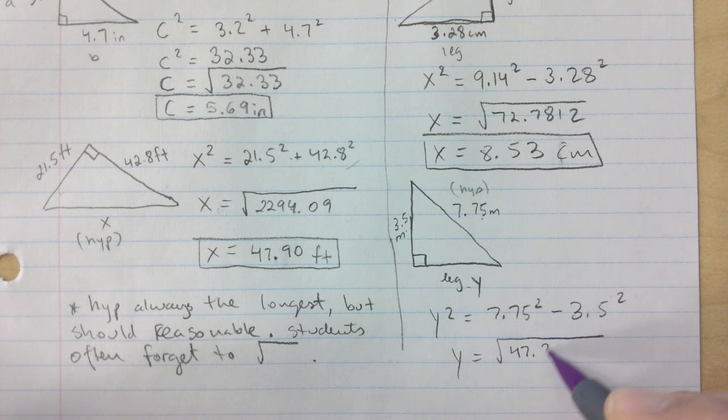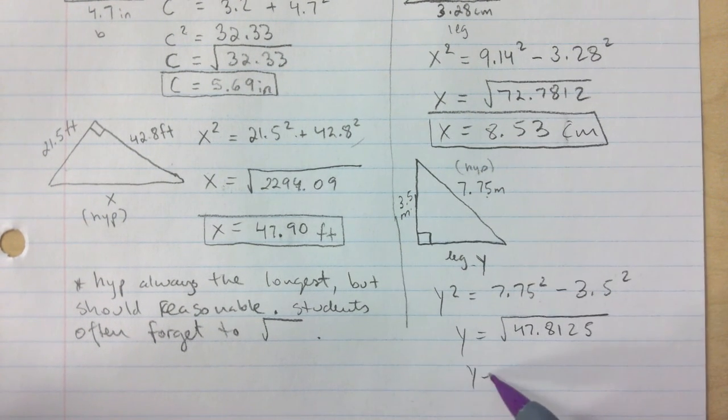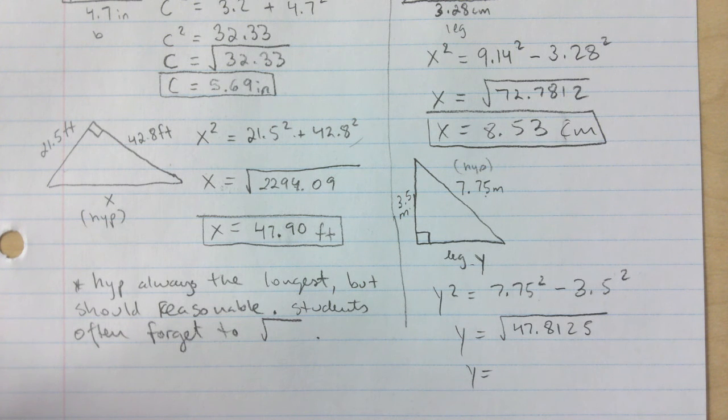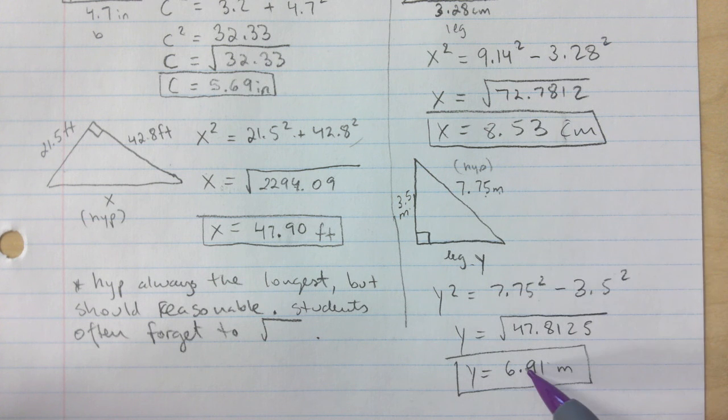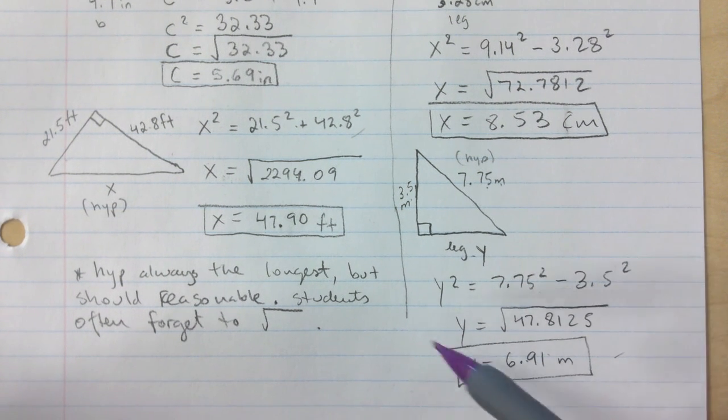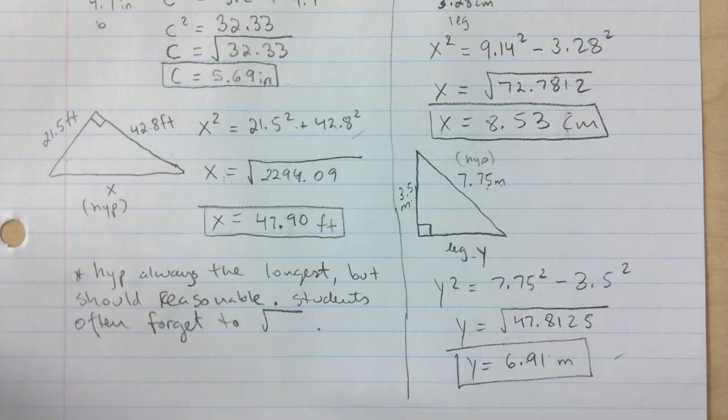That's 47.8125. And if there are more decimals, include them all. That's 6.91 meters. Check. It's shorter than the hypotenuse. It's within reason, so it does make sense. Okay.